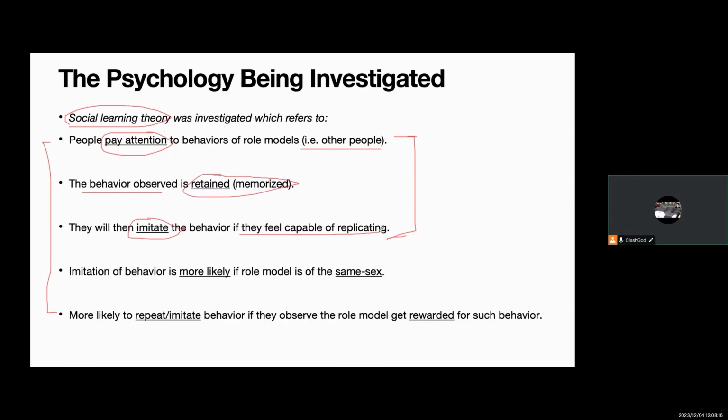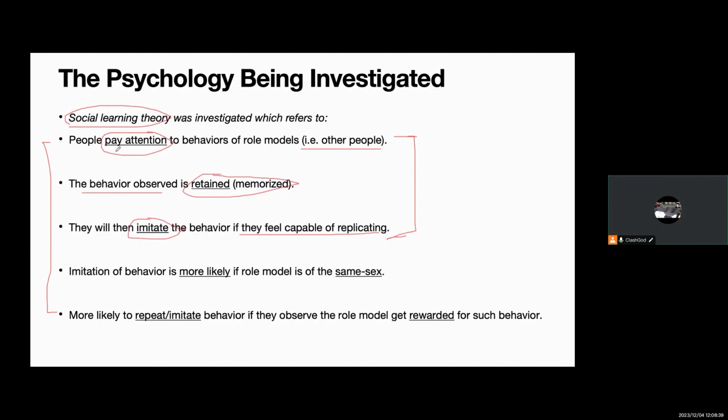So you might not imitate that, even if it's retained, even if you paid attention. If people feel capable of replicating a behavior of the role model that they memorized or retained, then they might imitate the behavior, and that is social learning, and they will gain this new type of behavior through imitation.